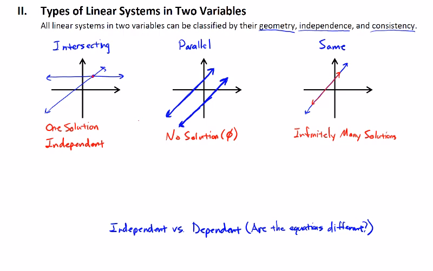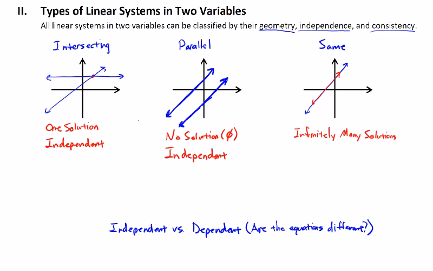One of the other two is also considered independent. That would be the parallel lines case. In parallel lines, you have two lines that are different from each other, therefore their equations must be different from each other. I know that they have the same slope, but because they would have different y-intercepts, that would officially make their equations different. So this is also an example of an independent system.